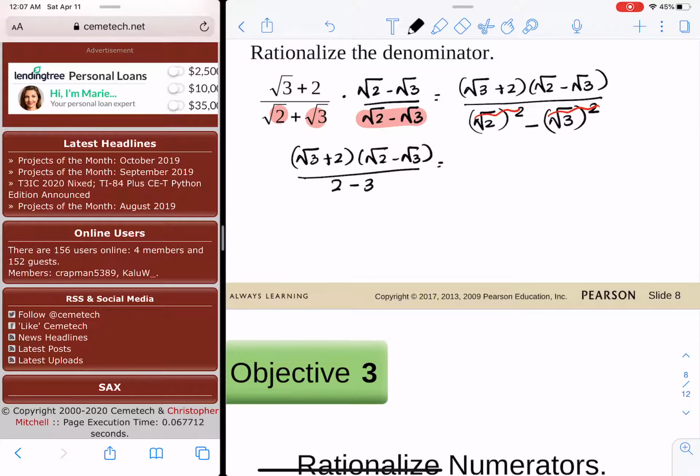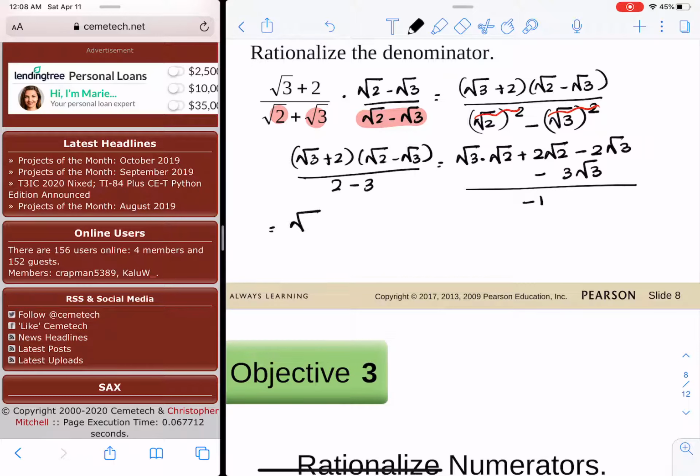I'm going to FOIL the numerator, and I would have square root of 3 times square root of 2 plus 2 times square root of 2 minus 2 times square root of 3 minus 3 times square root of 3. The denominator is negative 1.